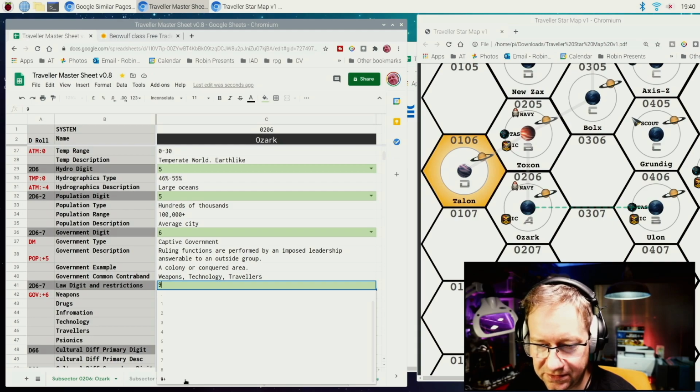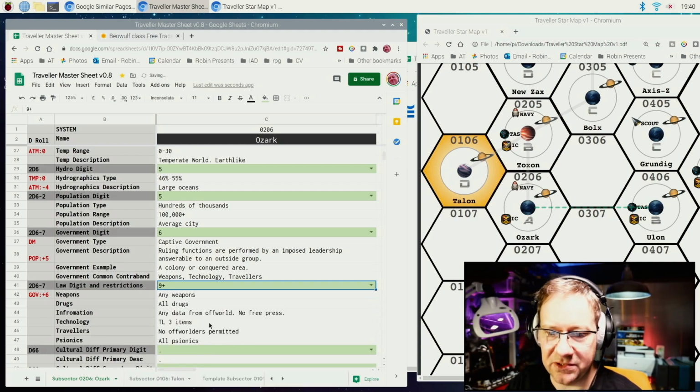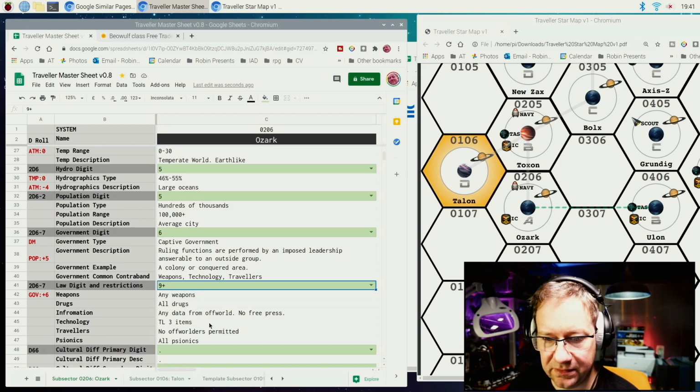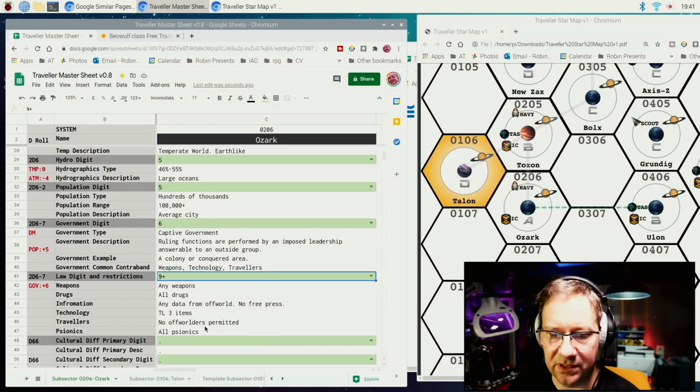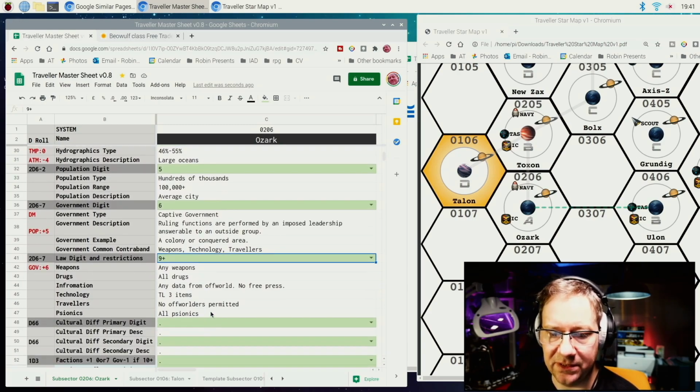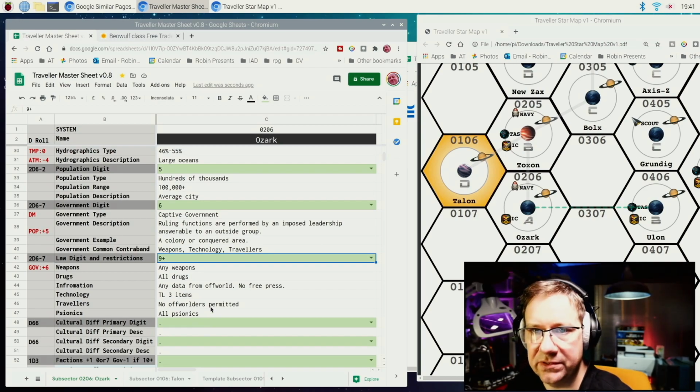It doesn't like just 9 on its own. My validation has got the best of me. So any weapons, all drugs, any data from off-world, no free press. So this ties in with the fact that they have had an imposed government, doesn't it? A 9+ means that whoever's come in there has imposed a very strict level of law on to the people residing there.